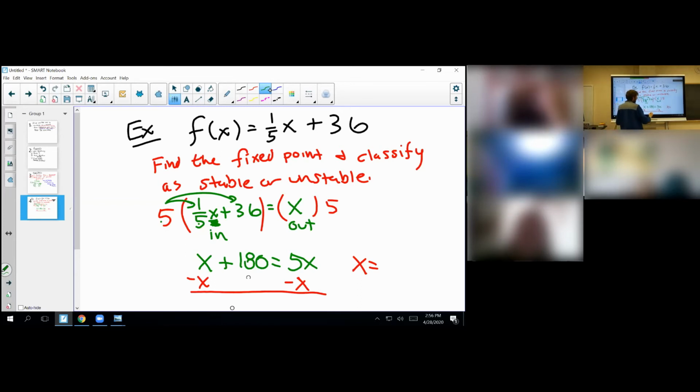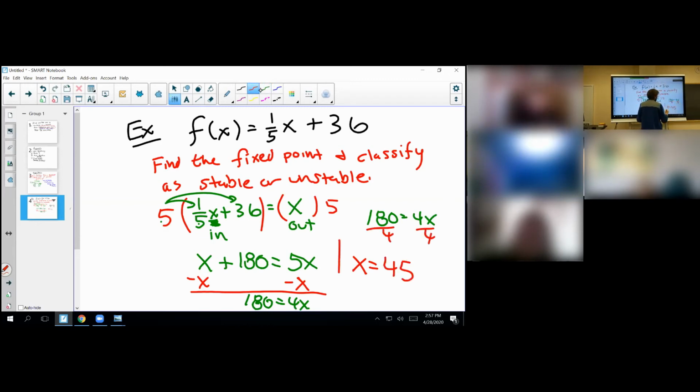So subtract the x on both sides to get 180 is equal to 4x. So divide by 4 on both sides to get x is equal to 45. The magic value, once again.